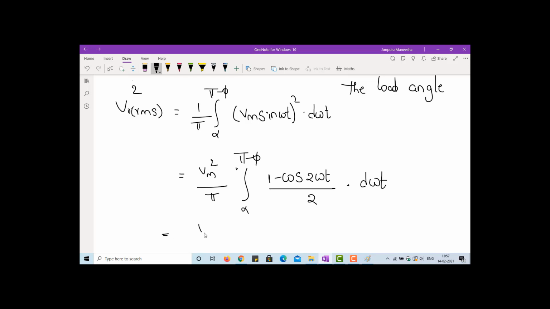So Vm square by 2 is a constant. Vm square by 2 pi, with limits alpha to pi minus phi, integral of (1 minus cos 2 omega t) d omega t.